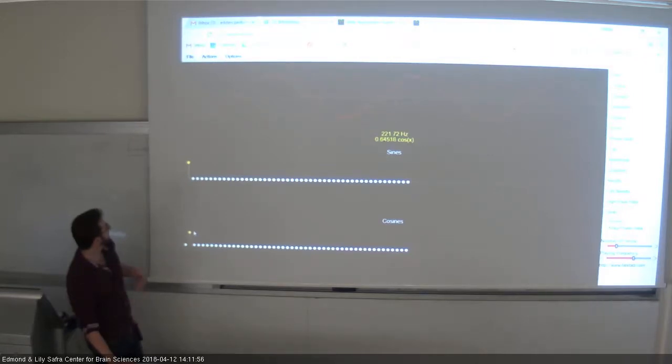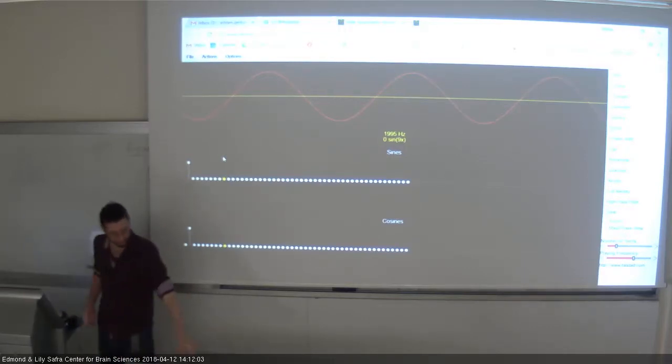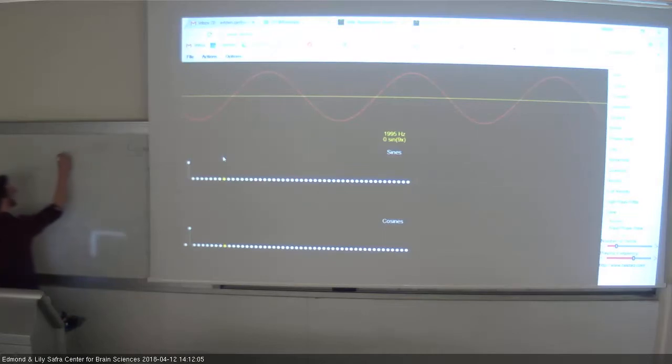So when we change the amplitude, yes, I do need to draw this. If we have a complex number representation, so this is 0, and we have our sine wave and cosine wave coefficient, then the amplitude of the resulting oscillation would be the size of this vector, and the phase would be the angle of this vector.